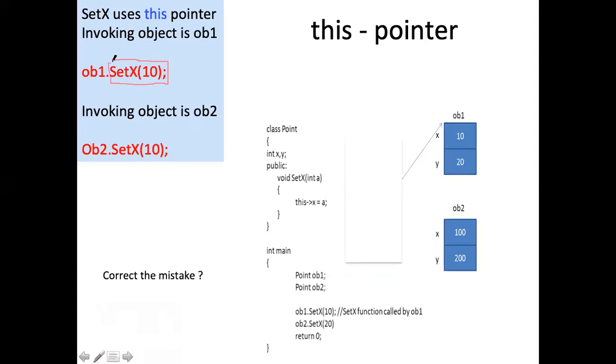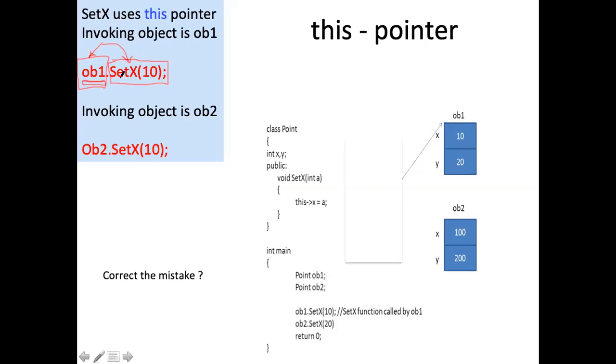This is a setter function that sets a value 10 to a variable, and OB1 is the object that is calling this function. Therefore, OB1 is the invoking object in this case, and it's invoking this function, which is setX.